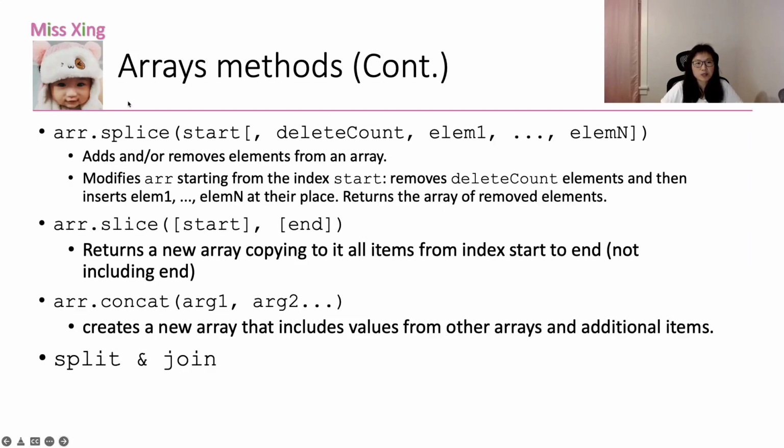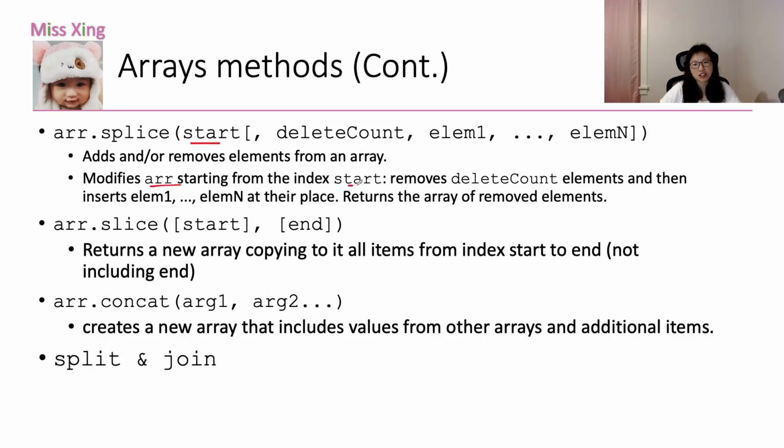First one is splice. Okay, the syntax is like this, what I listed here. You have a bunch of optional elements. Okay, I will use a pen. The start is the index at which you start modifying this array.